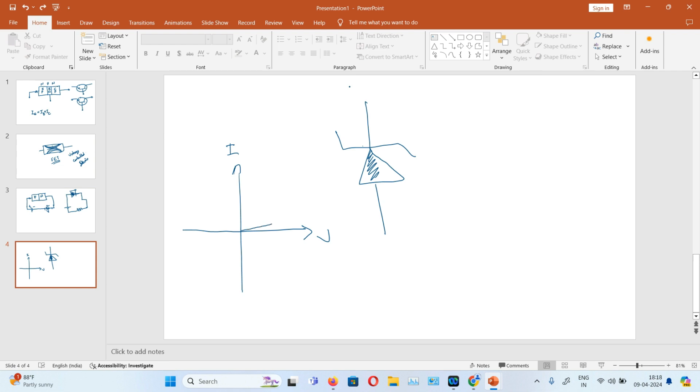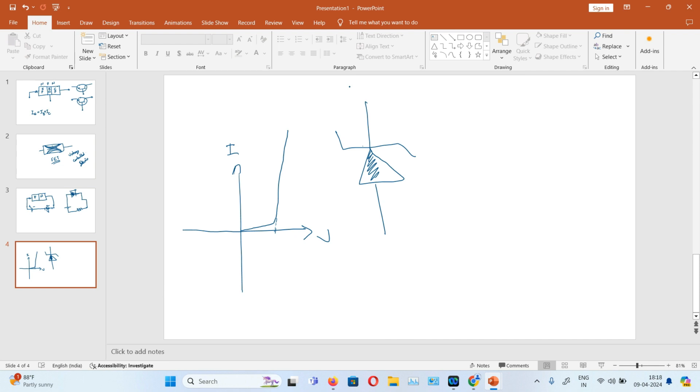Then after a particular voltage, called the knee voltage, the current through the diode will increase in an exponential manner. This is actually the operating condition. High current will go through this diode, and if the diode has the capability to withstand that much current, then the diode will be in the operational condition in that region. This voltage is called the knee voltage, and above it the diode can act in a normal manner.